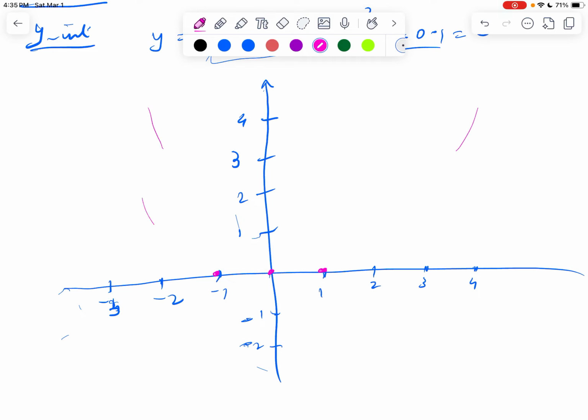Now, where do you make it come down? Like, should you make it come down like this? Or should you make it come down like this? That's your choice. It should not look like a straight line like this, because a vertical line is not a function.